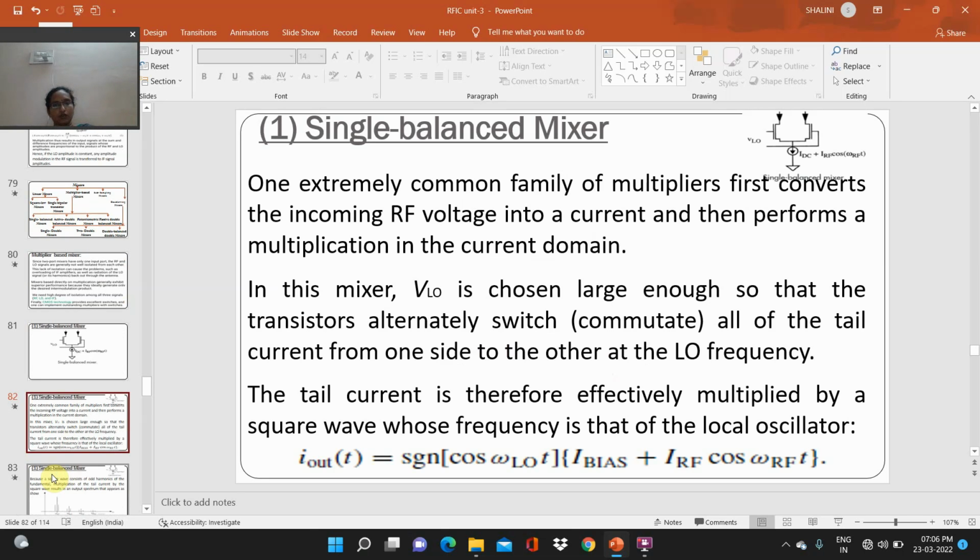In this mixer, VLO is chosen large enough so that the transistors alternately switch all of the tail current from one side to the other at the local oscillator frequency. The tail current is therefore effectively multiplied by a square wave whose frequency is that of the local oscillator. I out of t is equal to sgn of cos omega LO t times I bias plus I RF cos omega RF t.